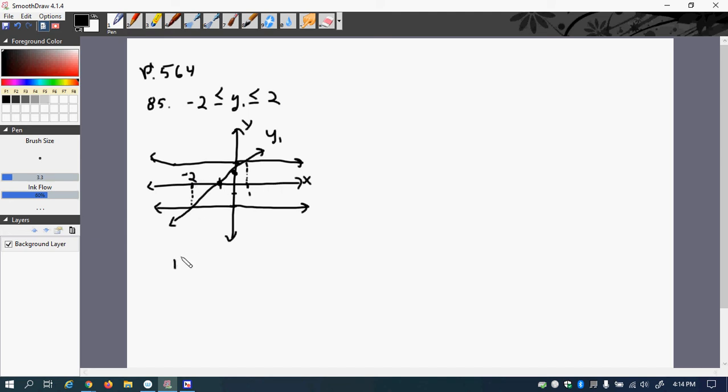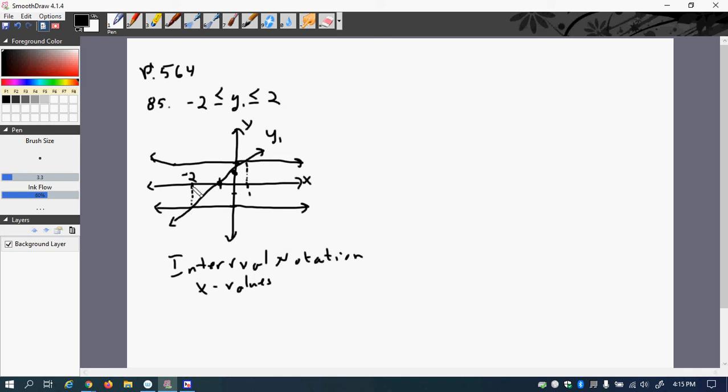So if I want to write an interval notation, I'm doing it for the x values. As x goes in this direction, where does it stop?